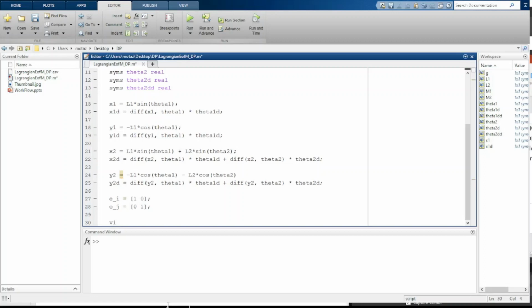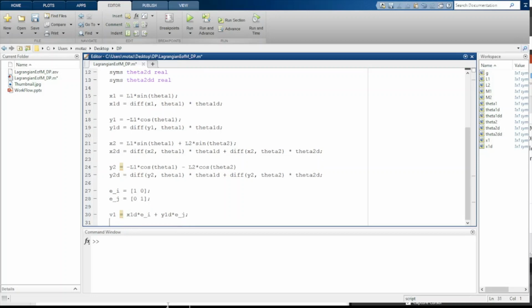Now v1 is going to be x1 dot times the unit vector i plus y1 dot times the unit vector j. And v2 will be the same, except we'll use x2 and y2. Okay, let's run that again.